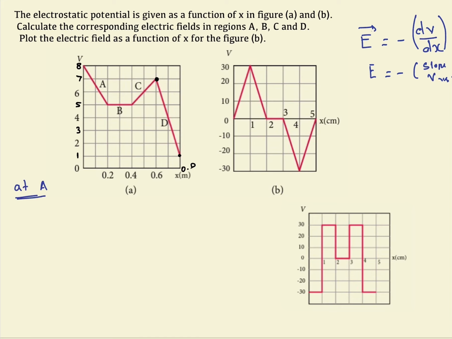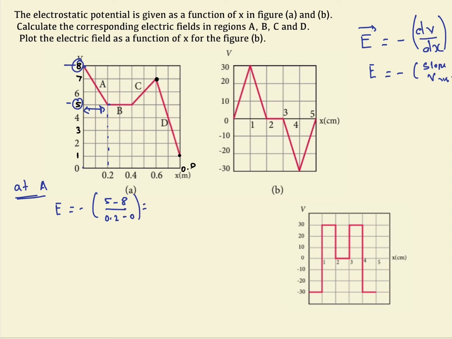Now you just see, this is a straight line, so there is a change in both x and y axes. In the y axis, initially it is 8, then finally it becomes 5. So E is equal to minus del V by del x, which is minus of (5 minus 8) divided by (0.2 minus 0).